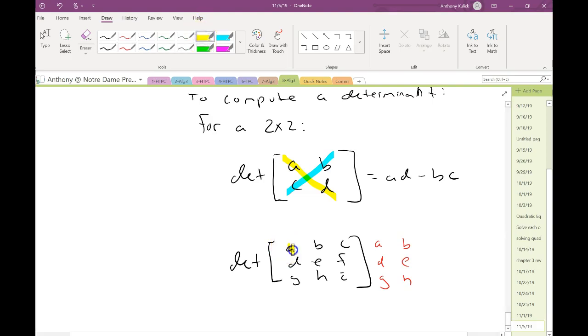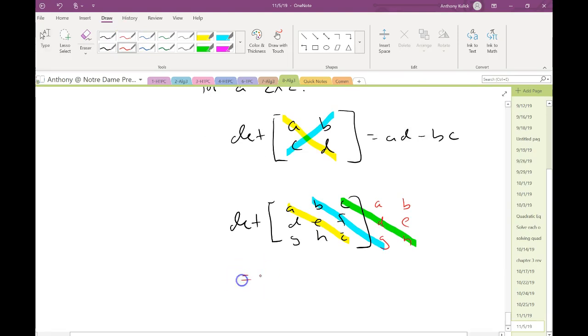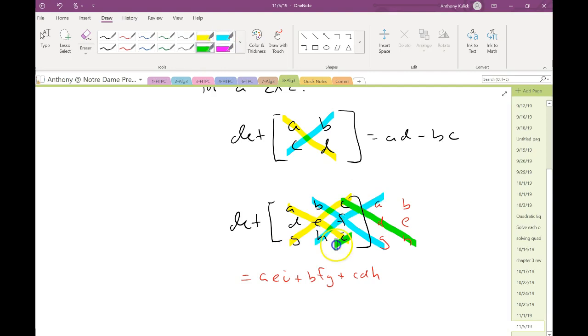And then I'm going to multiply these diagonals and add them together. And then I'm going to subtract from that these three diagonals multiplied together.